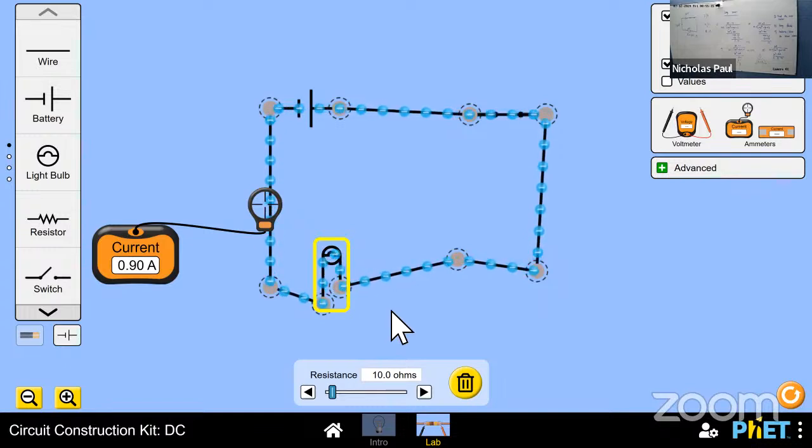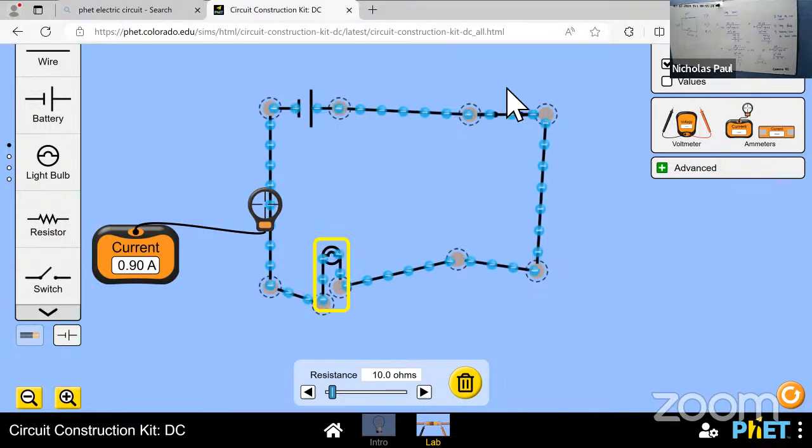And resistance 10 ohms. So what's the relationship between V, I, and R? Anybody?